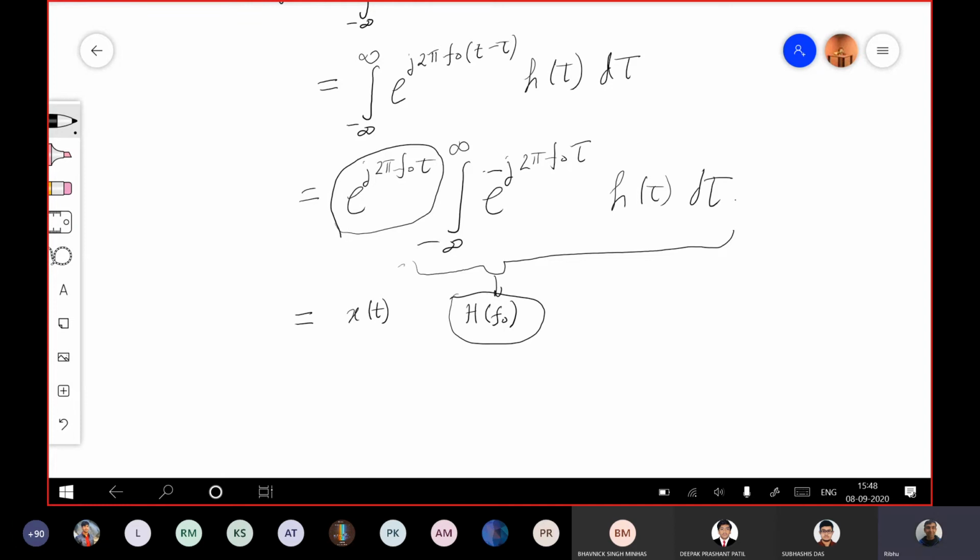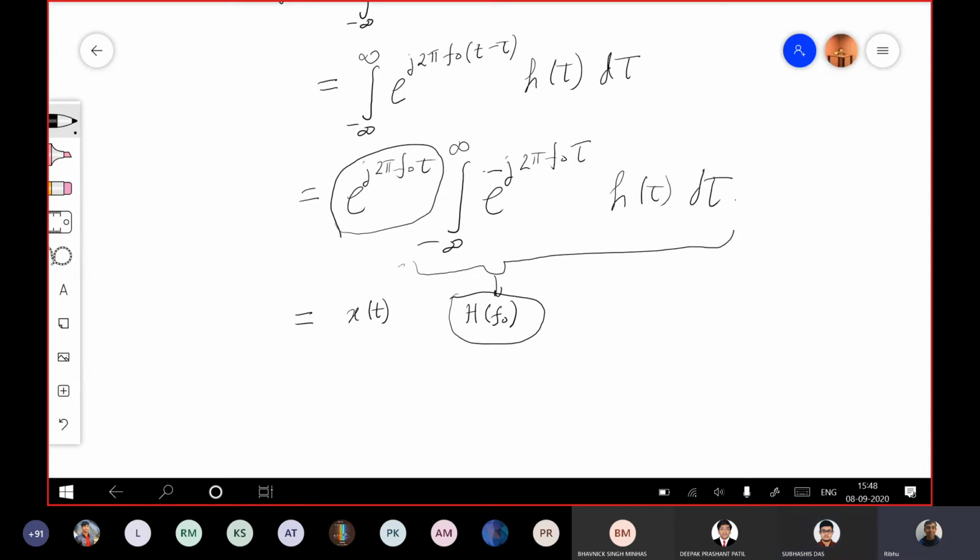Is it clear that if you feed a linear time invariant system a plain sinusoid, you will get out a plain vanilla sinusoid multiplied with some constant, which will depend on the frequency of that sinusoid, right? Yes, sir. So this point is very important.